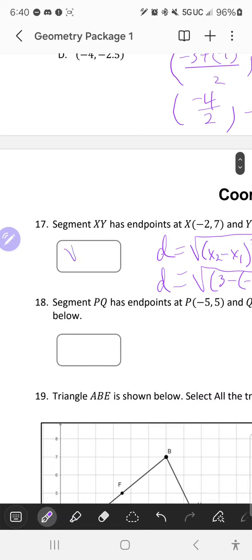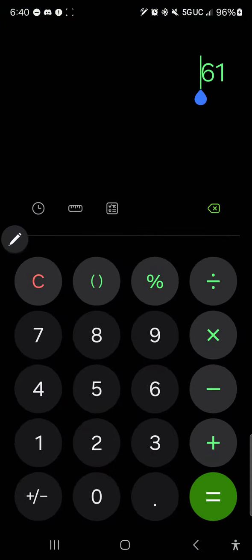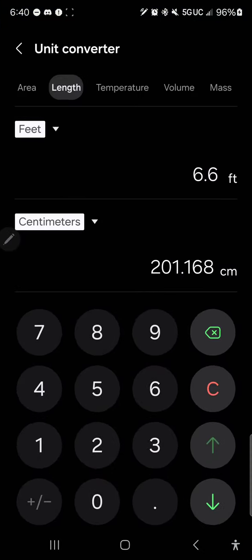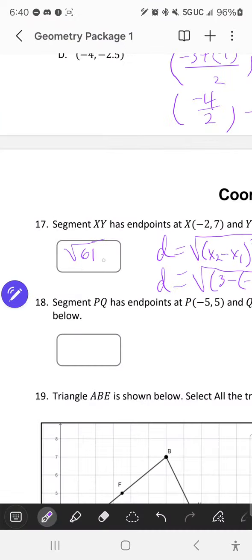So we could either put the square root of 61 if we want to be specific, or just put it in our calculator and see what the specific value is, which is approximately 7.8. And this is our answer.